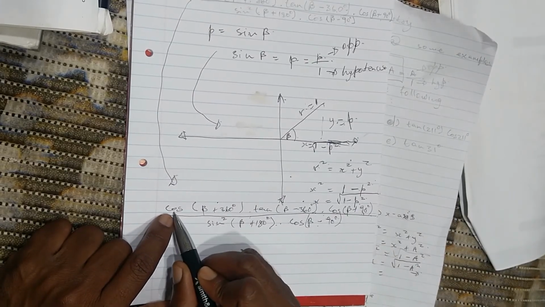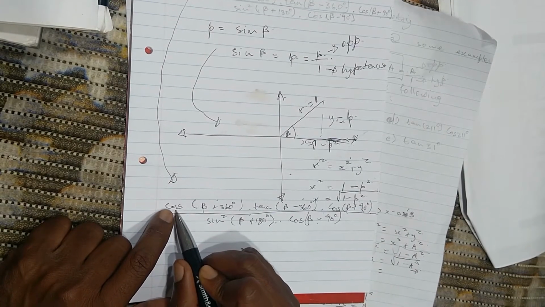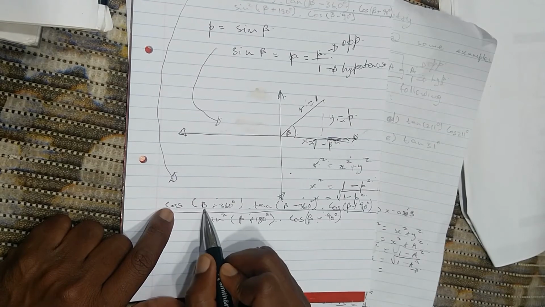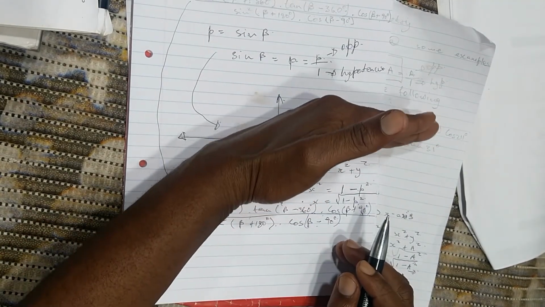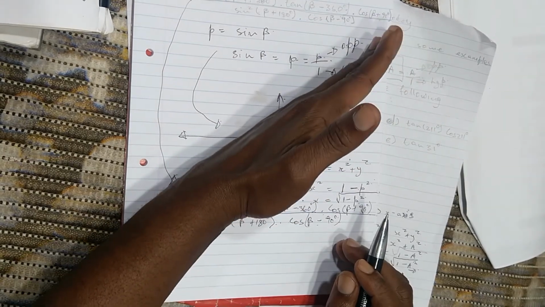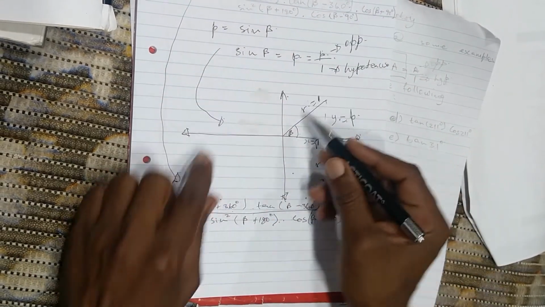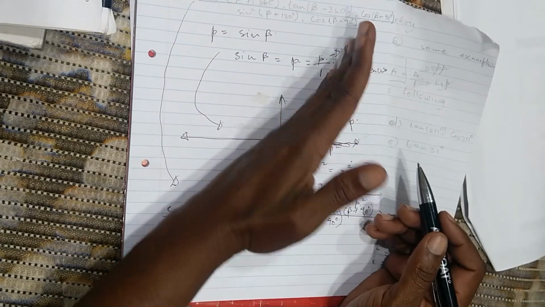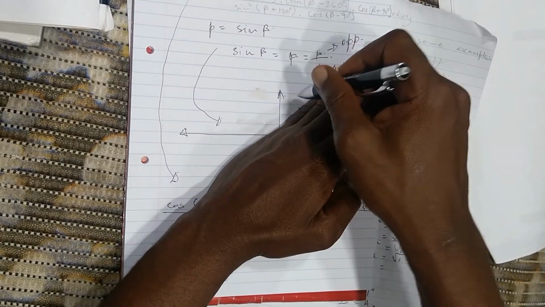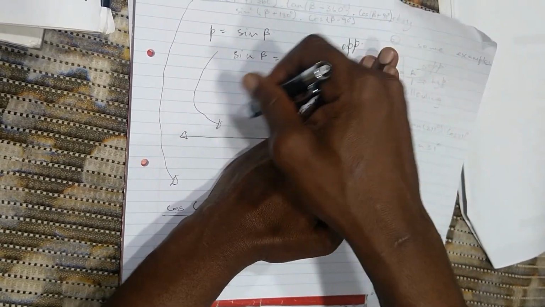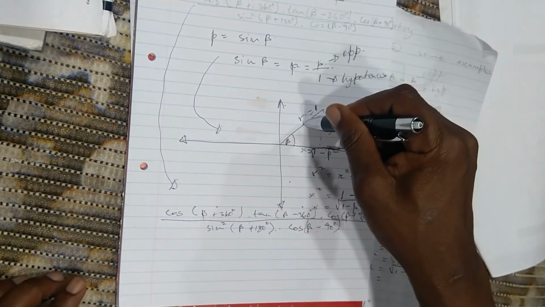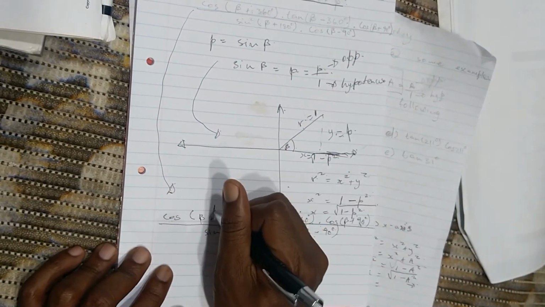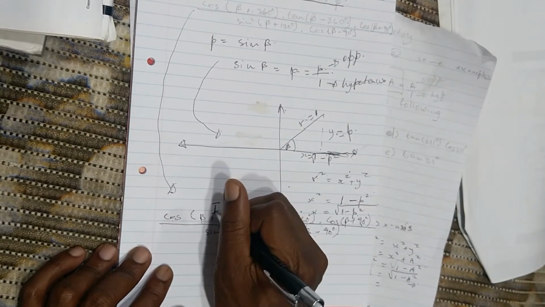So if I ask myself, what is cos of beta plus 360? Here I have the angle beta, and then plus 360. So plus 360 here takes me back to here. So do you see that that is still quadrant number 1?